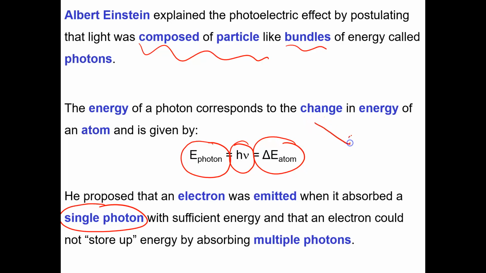So basically, one photon comes in, interacts with an atom, and causes one electron to leave if there's enough energy in that photon. Right? So that's what's happening. A photon comes in, the energy gets absorbed by the atom, the photon ceases to exist. That energy kicks out an electron if it's enough.